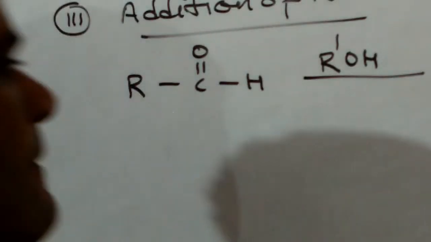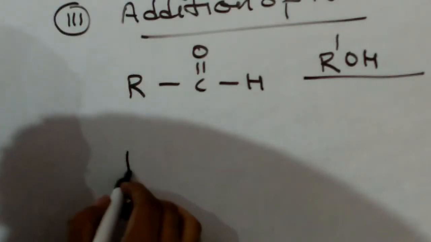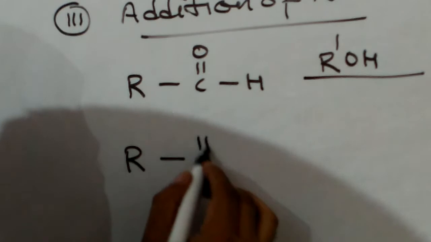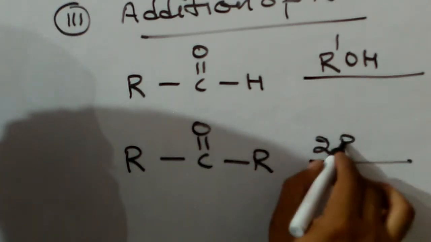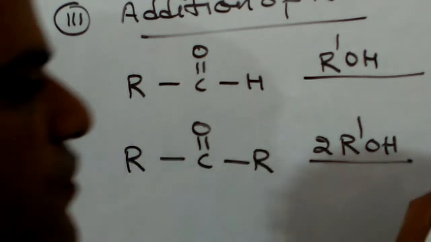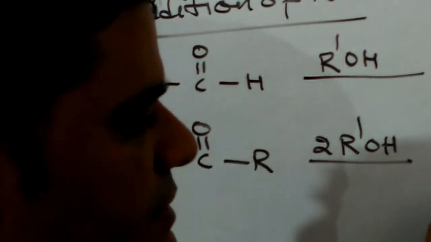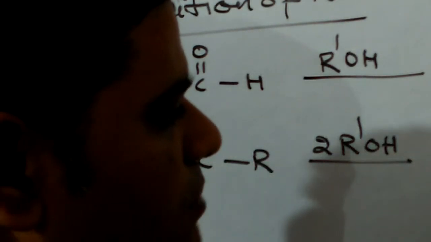But for ketone, the ketal is directly formed, not hemiketal. Ketone will react with alcohol directly to form the ketal. Ketone cannot form hemiketal, but they directly will form ketal.